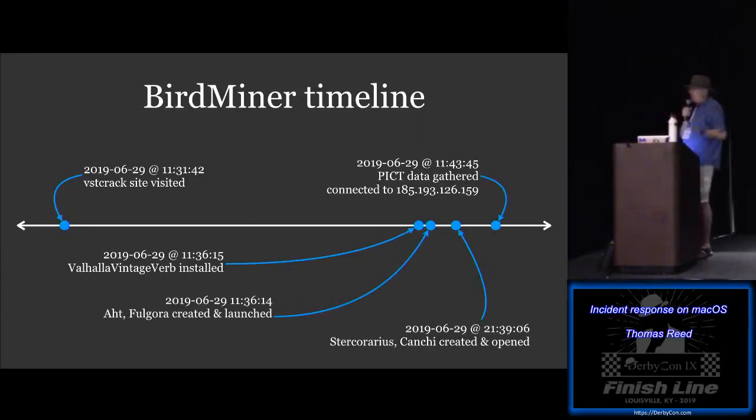So if we reconstruct the timeline here, we can see that at 11:31, that VST crack site was visited. We see that a few minutes later, Valhalla Vintage Verb was installed, which is a legitimate program, but just seconds later, we see that the malicious processes were created and launched, and we see that these VM files were created and opened.